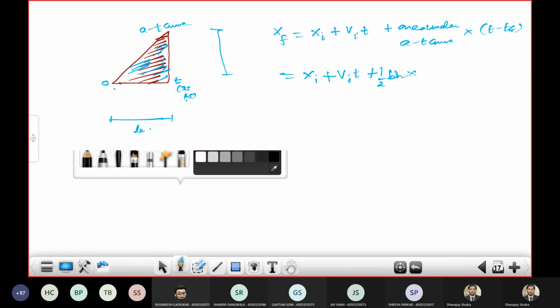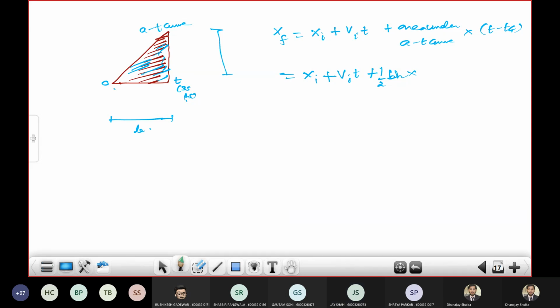Now your doubt is what is t minus tg. Let's say this is base b. t minus tg is nothing but the distance of the centroid of that area measured from the time t along the x-axis. So you measure the distance from here to the centroid. You know the centroid is at 1/3 from the base and 2/3 from the apex.